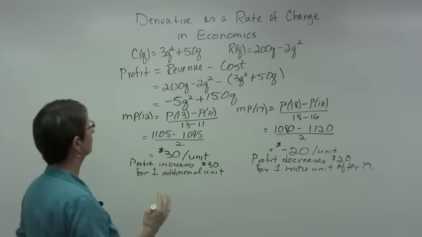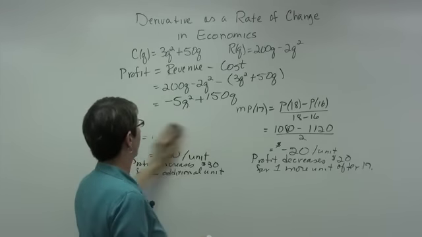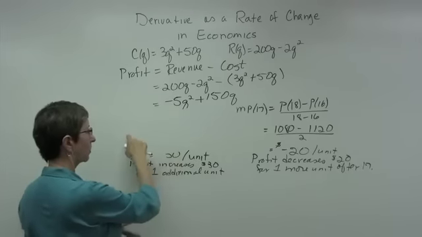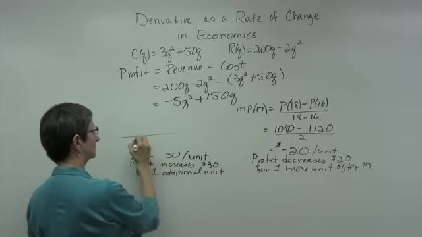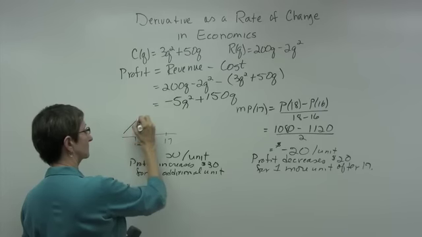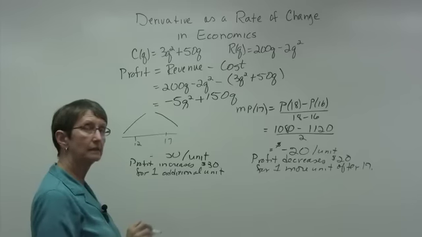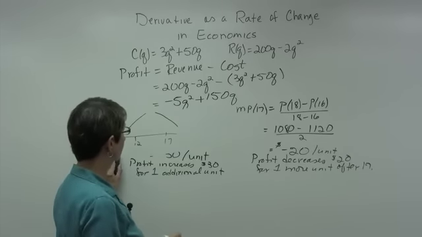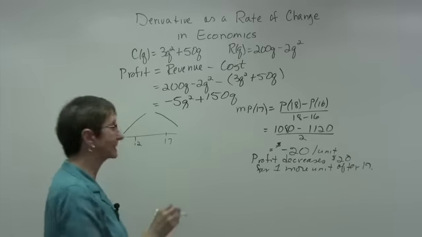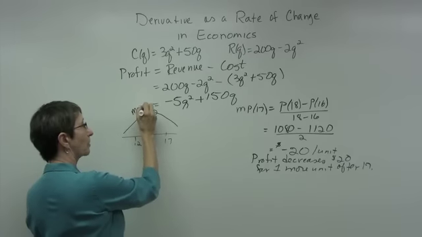Well, let's think about that visually. What is that going to tell us? At 12, profit is increasing. At 17, profit is decreasing. Well, if it increases and then it decreases, somewhere here in the middle, I must have a maximum profit.